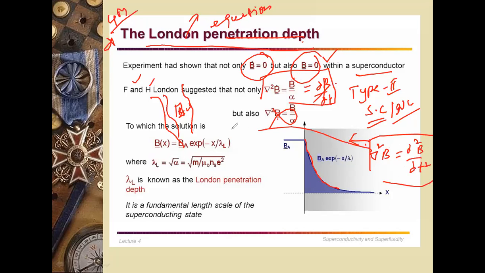The solution for this is Bx equal to B0 exponential e power minus x by lambda, where lambda is the London penetration depth. Lambda is the penetration depth, a fundamental length scale of the superconducting state. You write this equation, the London equation, and the solution for this.